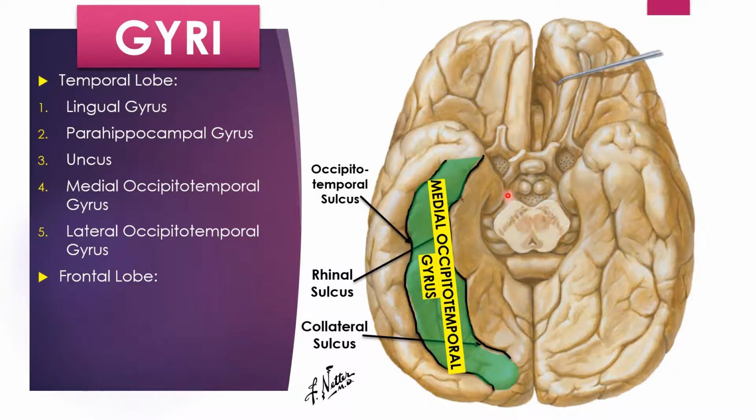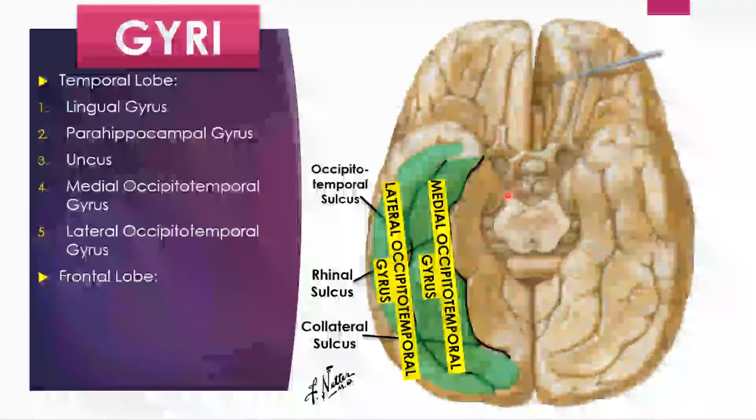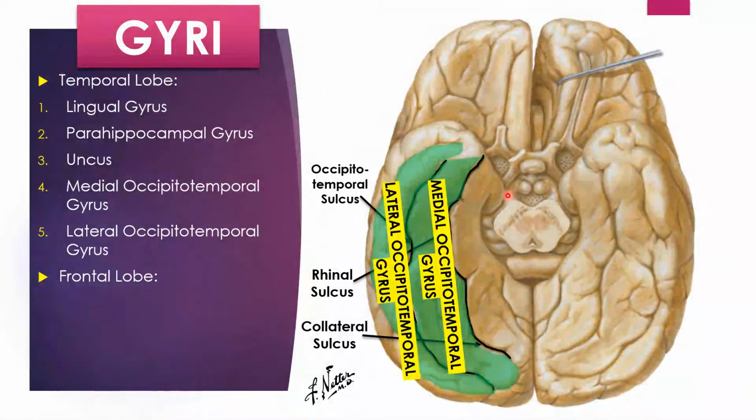And the gyrus lateral to the occipitotemporal sulcus will be the lateral occipitotemporal gyrus. The other name of lateral occipitotemporal gyrus is the fusiform gyrus, and this fusiform gyrus will be superiorly continuous as the inferior temporal gyrus on the superolateral surface of the temporal lobe.